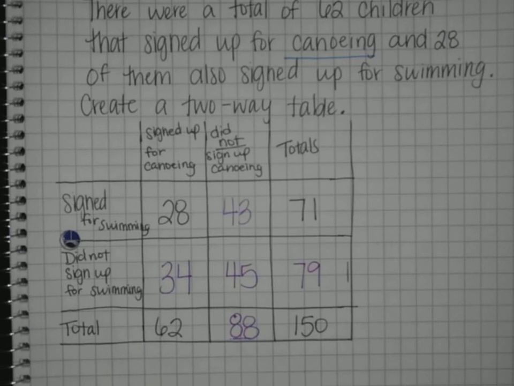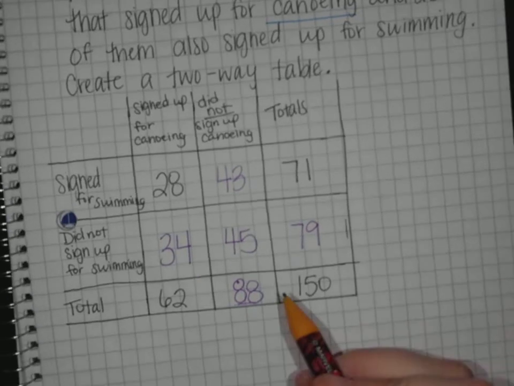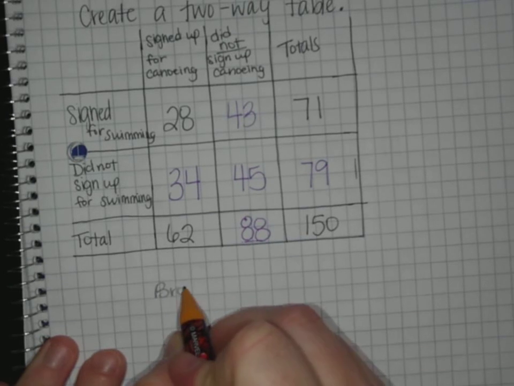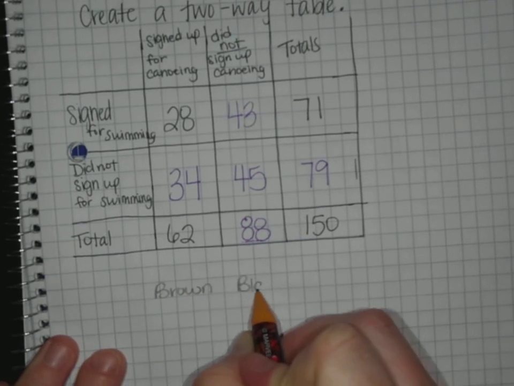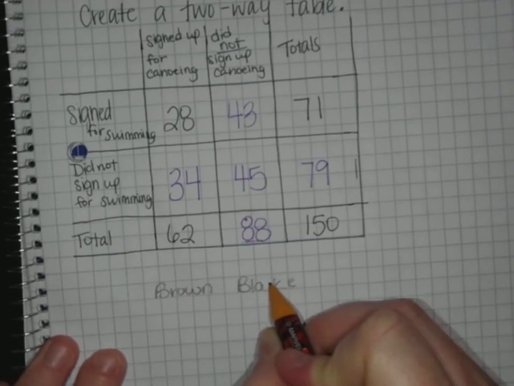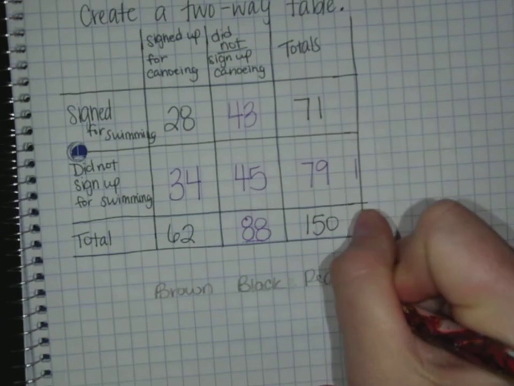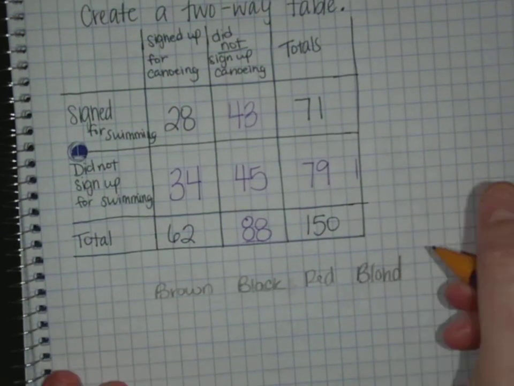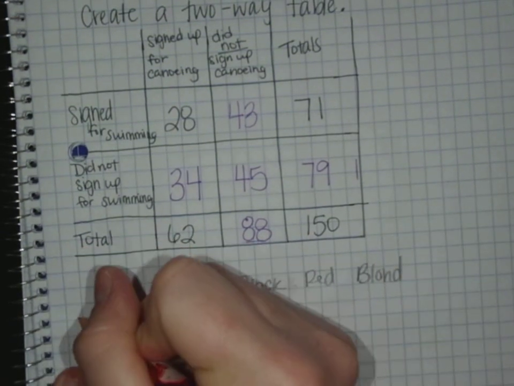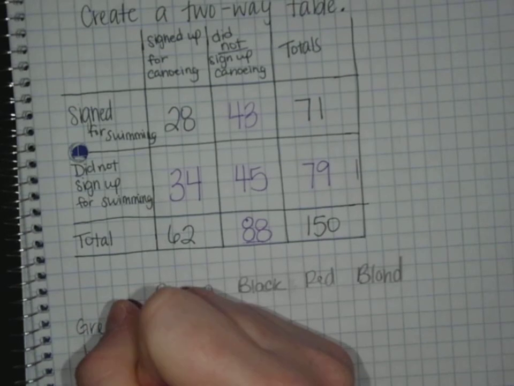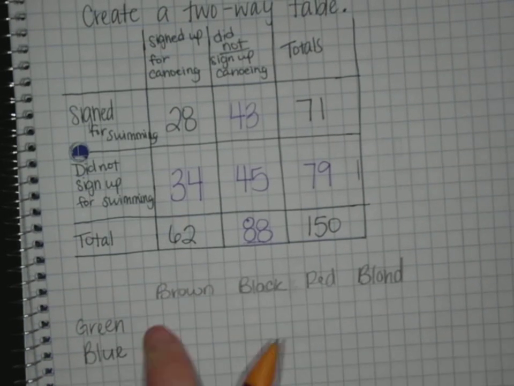One thing I did want to talk about: on the assignment, there were more columns. It talked about hair color, like brown, black, red, blonde. Then we also have eye color like green, blue, and then they had all the numbers.